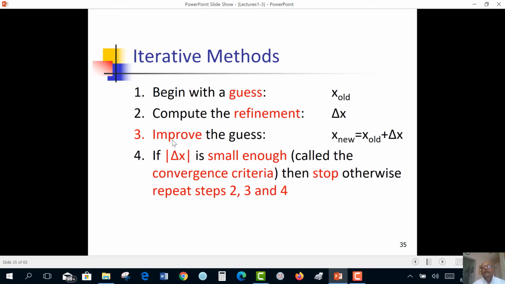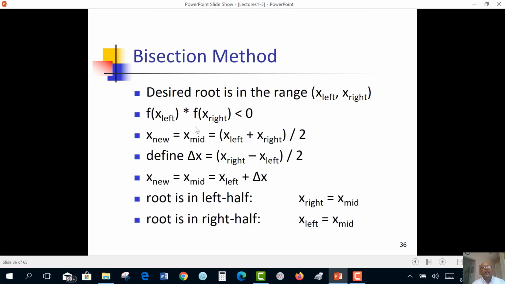We keep computing newer and newer refinements till we have converged, if the method works. That's the basic idea that we are going to be using throughout the course. The first method that we are going to learn is the bisection method in our next class.